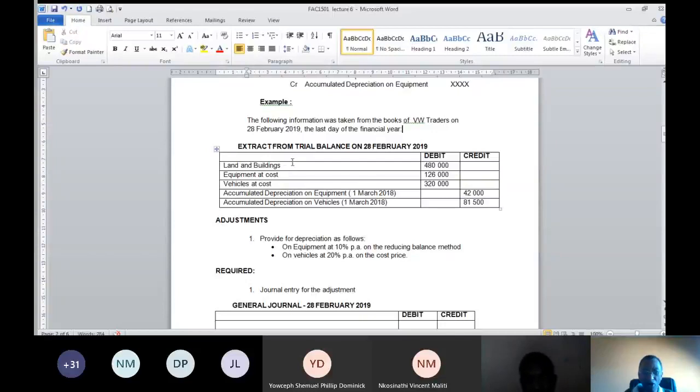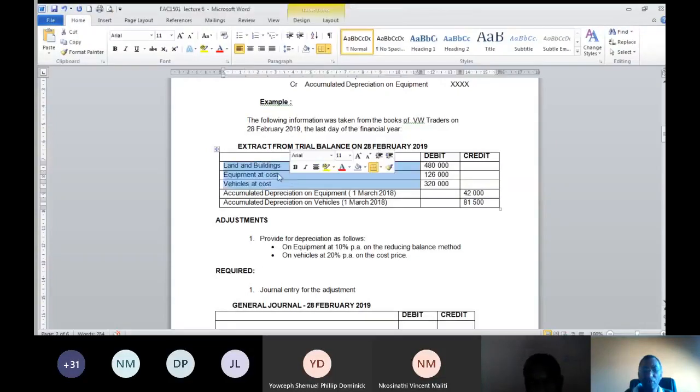So our non-current assets, we have got buildings of 480,000, equipment of 126,000, and vehicles of 320,000 at cost. You can see there the vehicles is indicated at cost. That means that we purchased the stuff for 320,000.